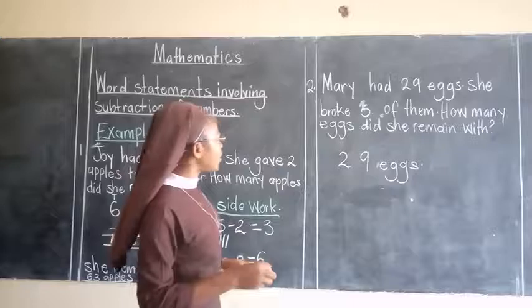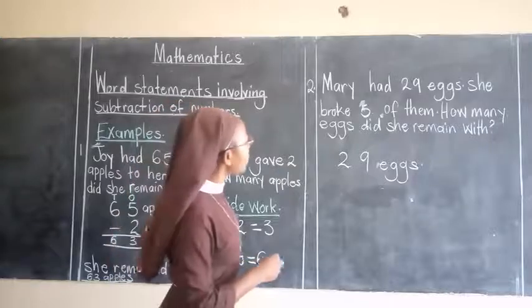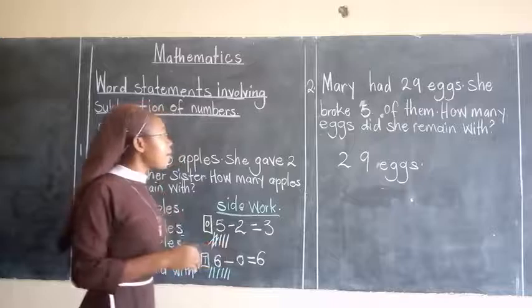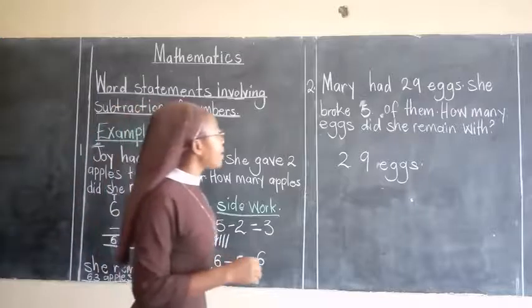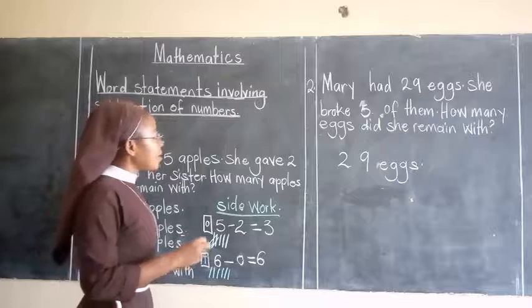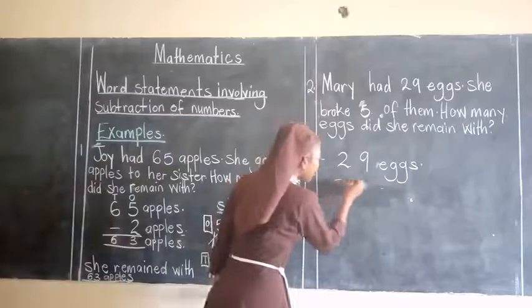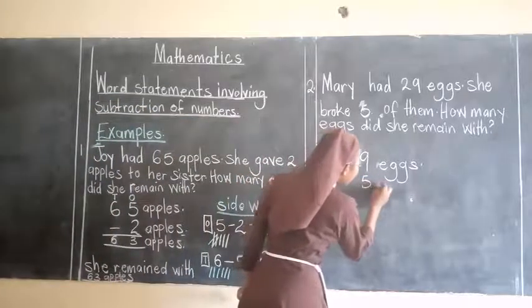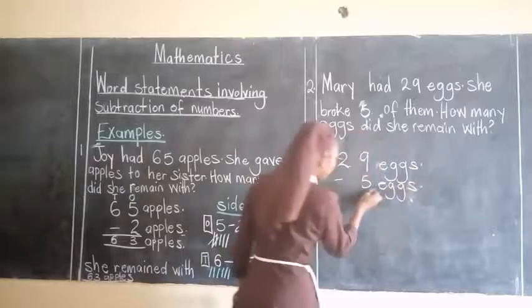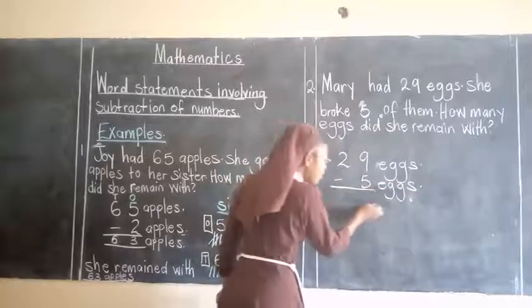We've been told that she broke 5 of them. Meaning, something broken is something that has been destroyed, so we are supposed to subtract 5 because the 5 eggs were broken. So we subtract.